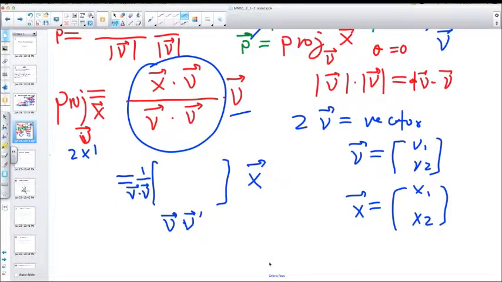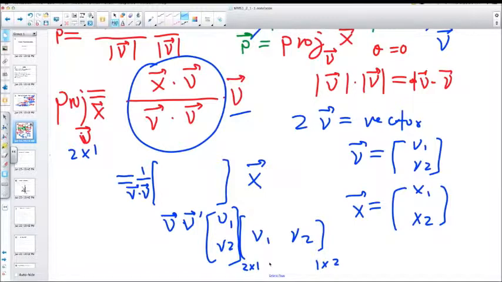I'm going to show you later on. The v prime is this, v1, v2, and the v is this, v1, v2. Look, a 2 by 1 times 1 by 2, what do you get? What is the matrix of a 2 by 1 times 1 by 2? 2 by 2, right? That's how you multiply, and then what you get is v1 squared and v1 v2, and v2 v1 and v2 squared. We're going to do an example.